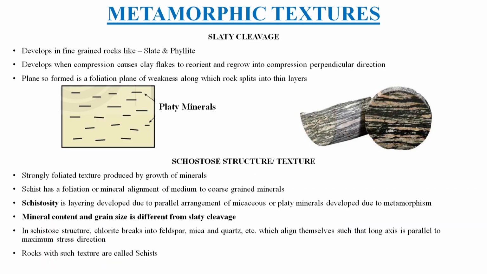There are other planar features like slaty cleavage, like we have just seen in the earlier example of the rock, that is slate, which is a low grade metamorphic equivalent of shale, a sedimentary rock. Here you can see some cleavages or foliation planes that are your slaty cleavage. This one I was referring to as your schistosity or your schistose structure.